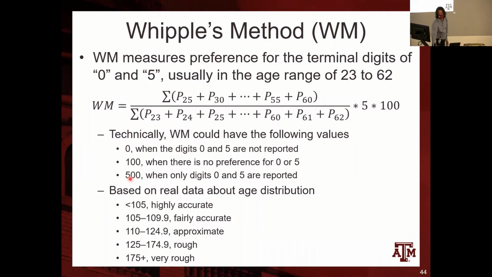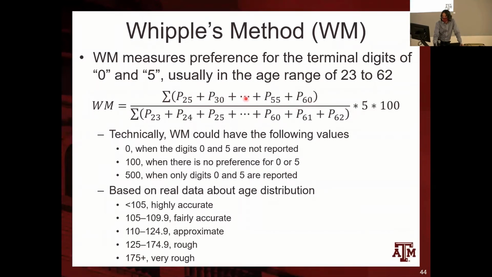What if everybody between the ages of 23 and 64, everybody interviewed in a specific country in a specific year, reported just ages ending in 5 or 0? So everybody is at 25, 30, 35, 40, 45, and so on.